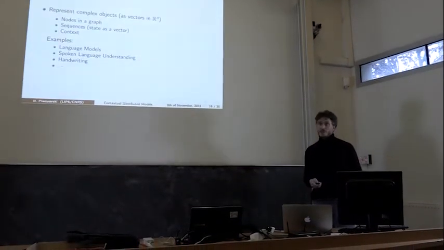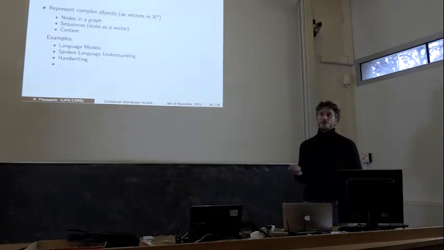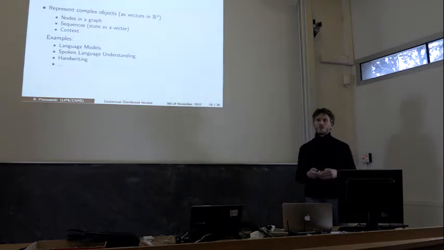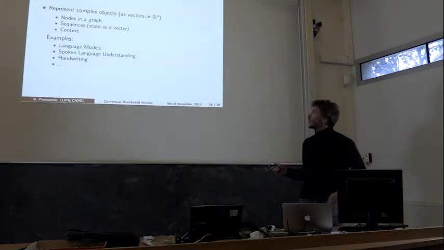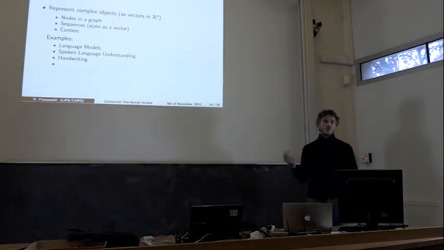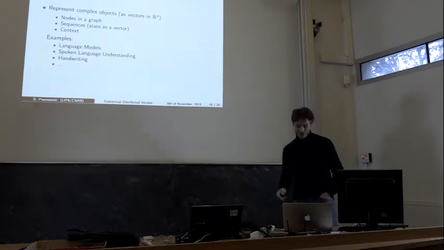And then in sequences, it's mostly about representing the state, which is akin to the state of each element, but here we are within a continuous space, so the state is within a vector space. And of course, the context. So this object also will be represented as a vector in a vector space.